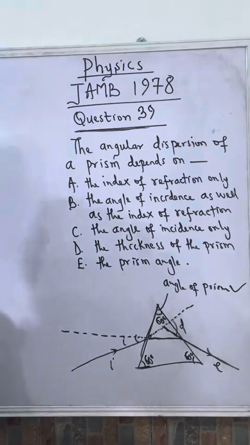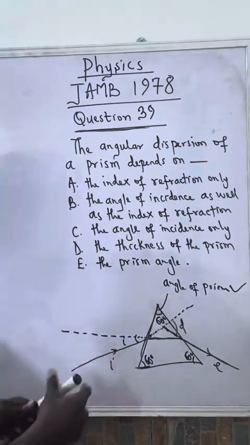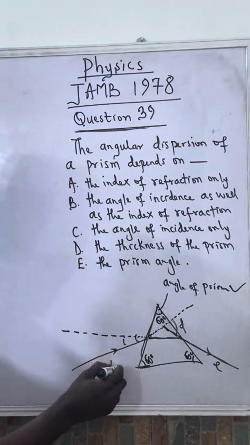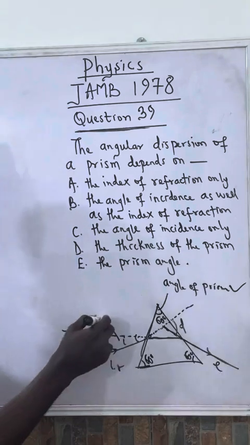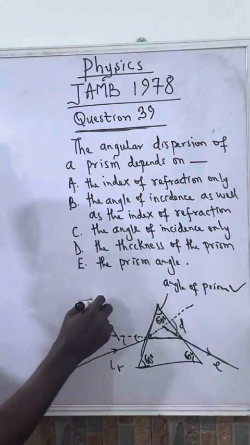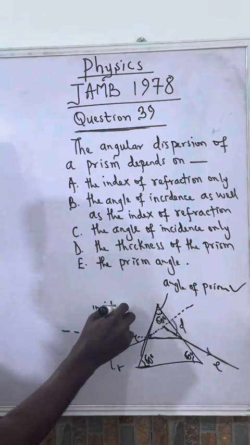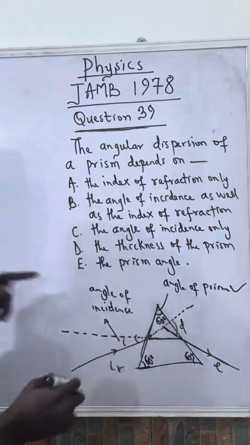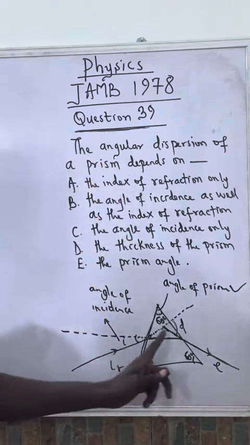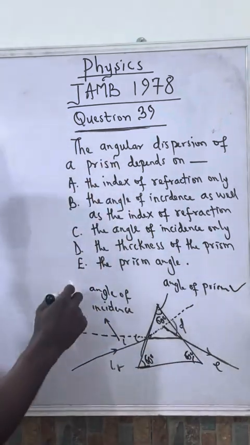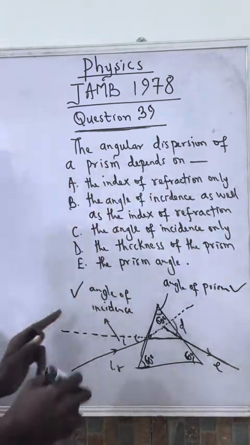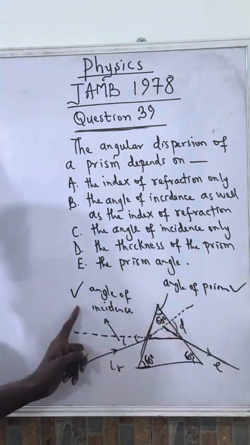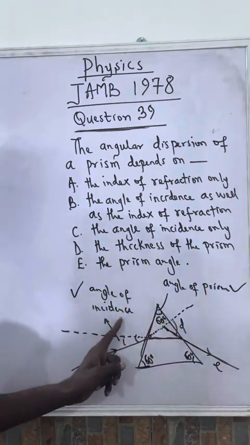This is the incident angle, the angle of incidence. So the light spectrum, that is the angular dispersion, also depends on this. How many things now? The angle of prism and the angle of incidence.